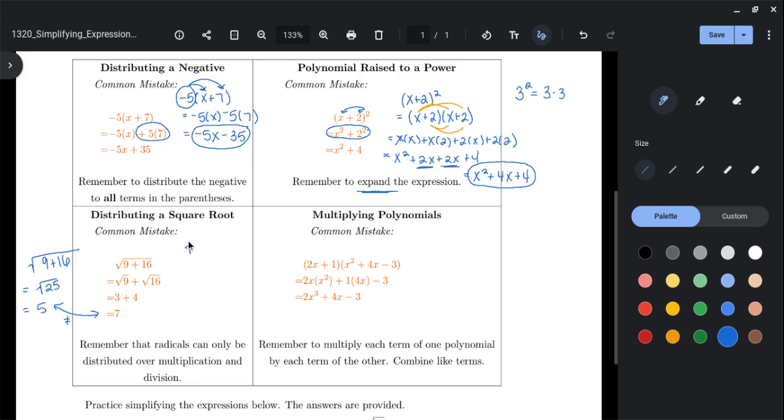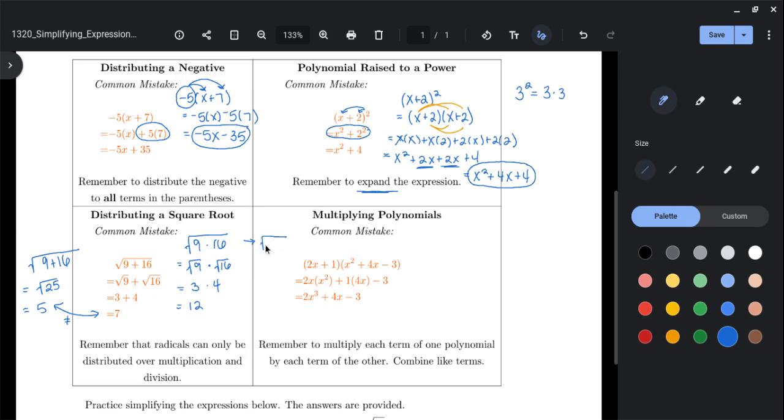So let's see what happens if instead of adding, we were multiplying under the square root. So if we broke this up, we get the square root of 9 times the square root of 16. The square root of 9 is 3. The square root of 16 is 4. Multiplying those, we get 12. Well, what if we did the multiplication first and then did the square root? So let's see what we'll get.